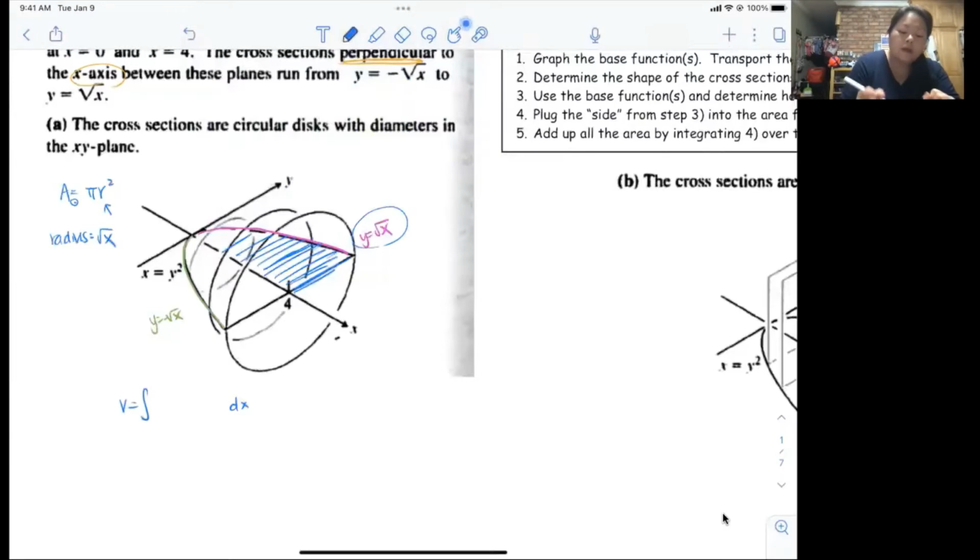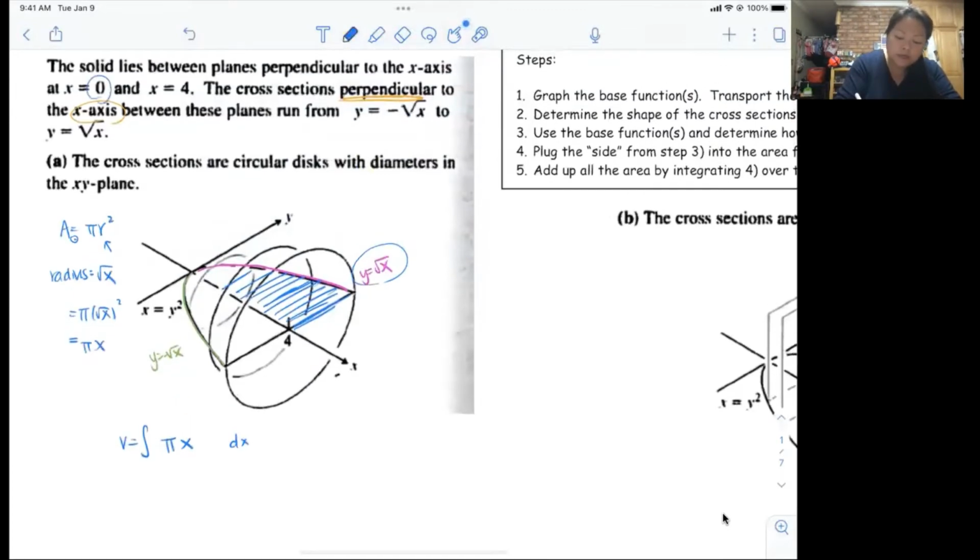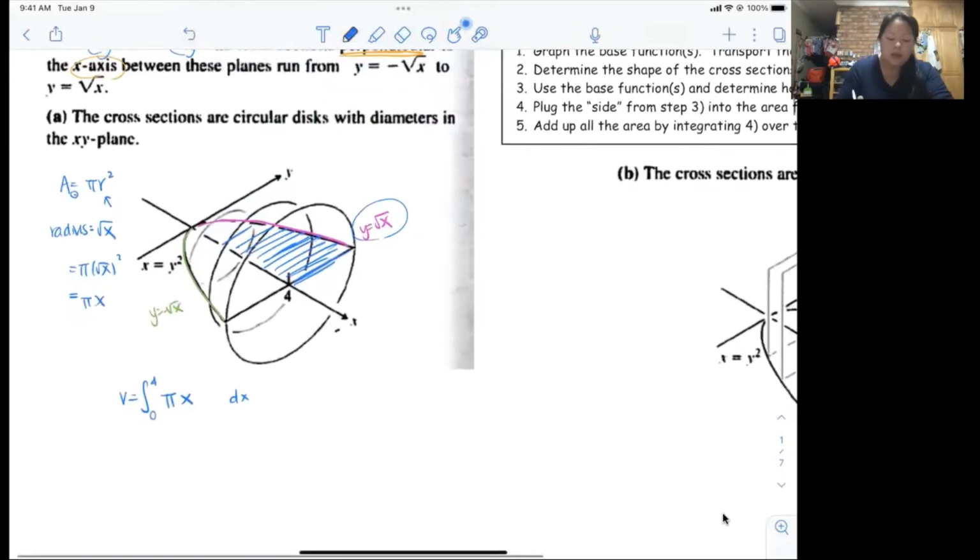All right, so the area of this particular circle, bounded by these two functions, is going to be pi root x squared, which then turns out to be pi x. So I'm adding up infinitely many of these circles, pi x, from where to where? It tells you from x equals 0 to x equals 4. Those are my intervals. And so then you treat the pi like a coefficient.